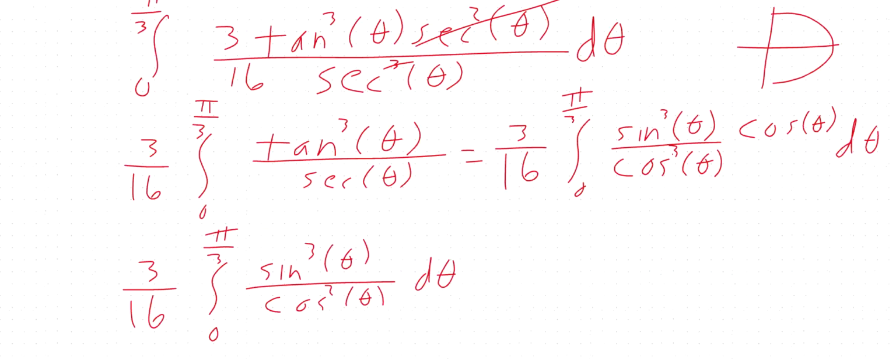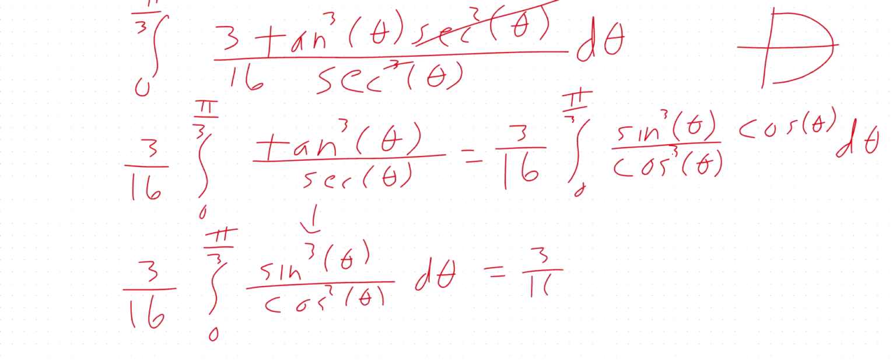All right, we can't use substitution for this. We're not multiplying, so we can't use some of the tricks we did before, but we can make a little bit of a change. Let's split this sine cubed into a sine squared times a sine.